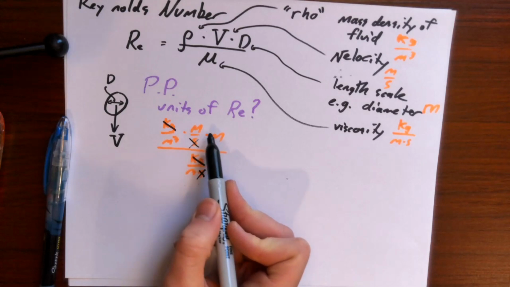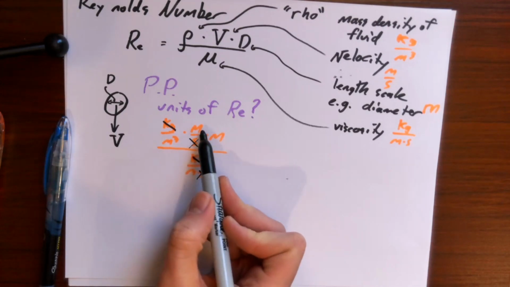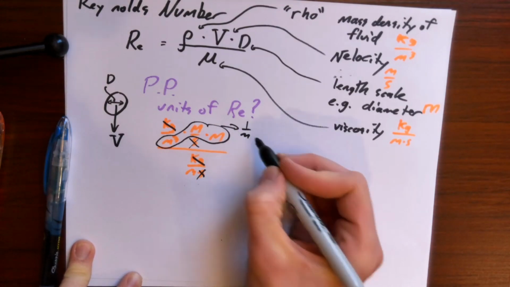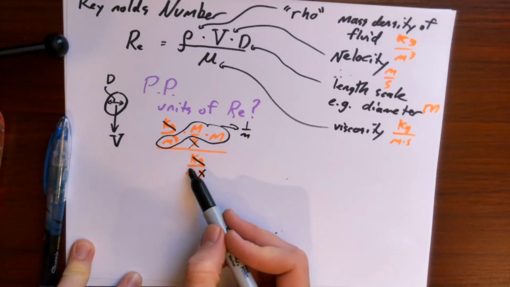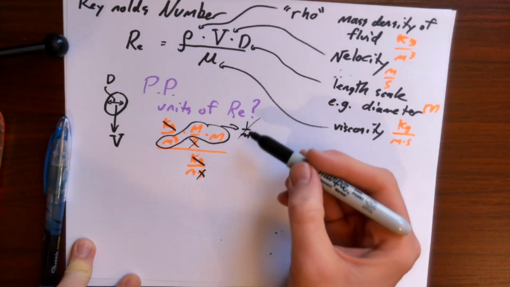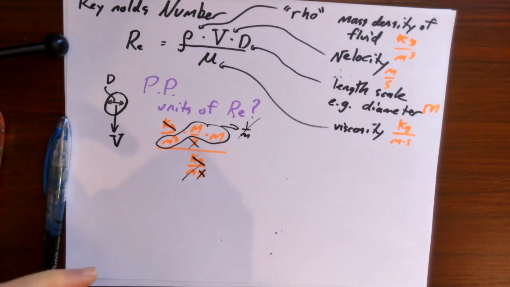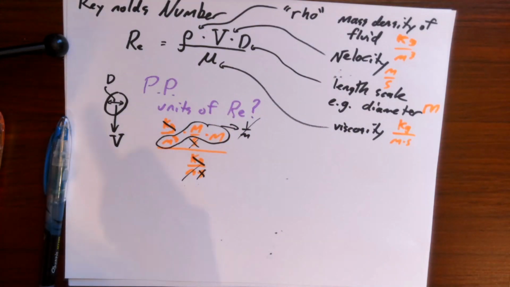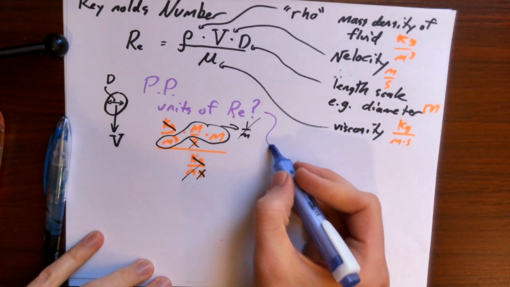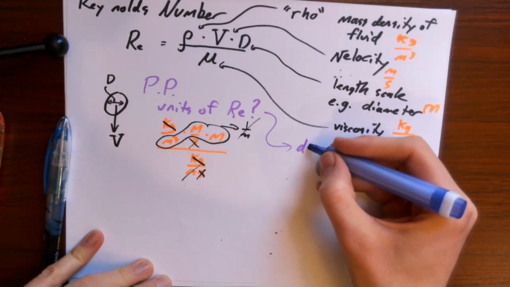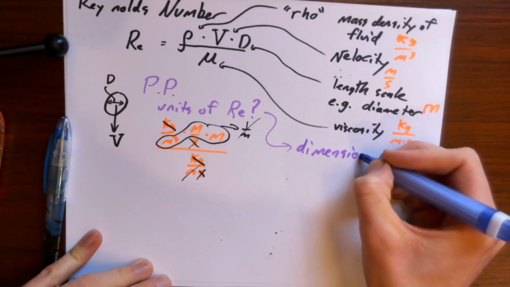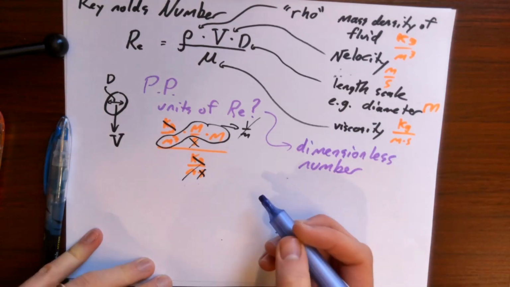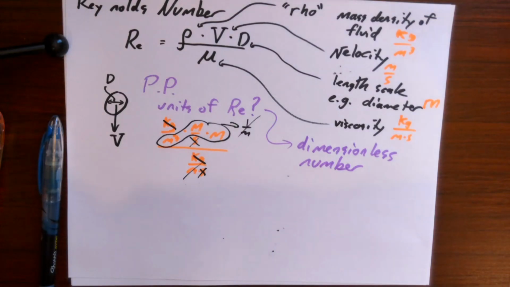And then meters times meters over meters cubed is like 1 over meters, and there's a 1 over meters in the denominator, so those cancel out as well. So hey, wait a second, the answer to this pause and ponder question is that it's what's called a dimensionless number, in that it doesn't have units.